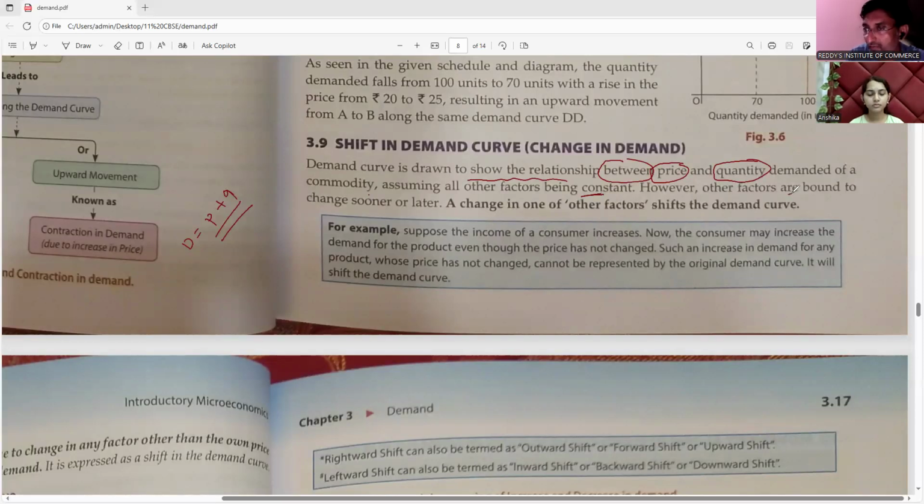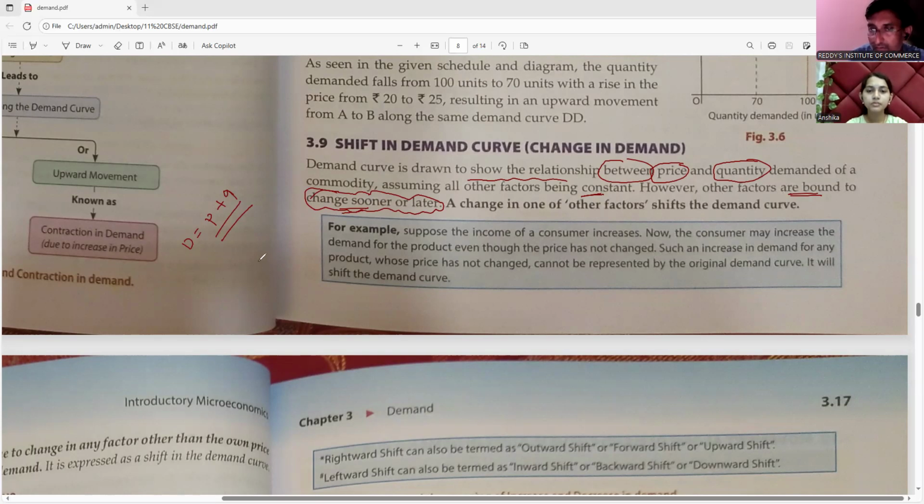However, other factors are bound to change sooner or later. This is the most important point, you have to remember this. The demand curve is shifting, the demand curve is changing, right? But at the same time, other factors were constant.